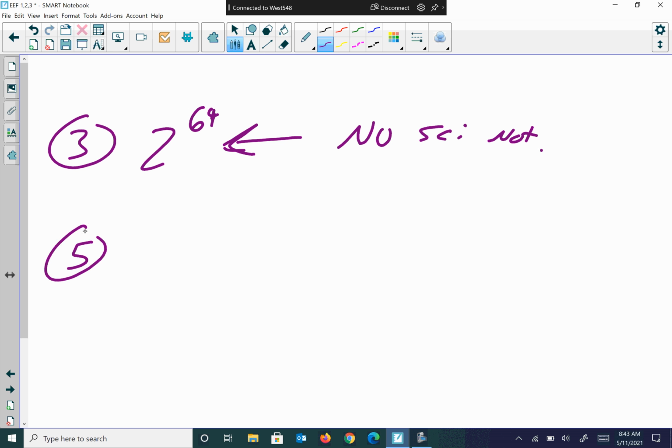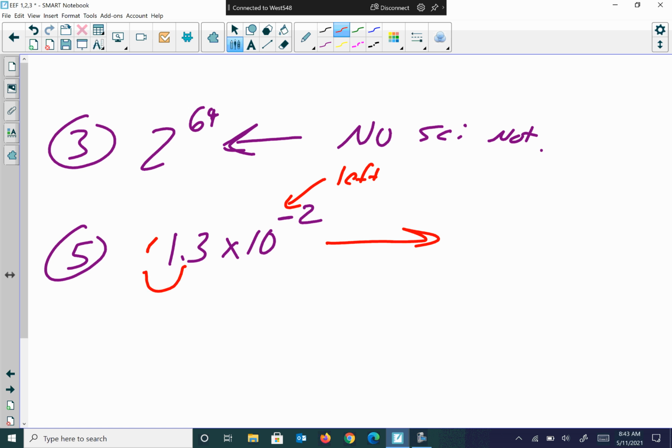Number 5 says credit card interest per day is 1.3 times 10 to the negative 2. And we want to write this as a true decimal. Well, because this is a negative sign, that means in order to move this into decimal, I have to move the decimal 2 spots. So I'm going to go 1, and I got to put a 0 in place.